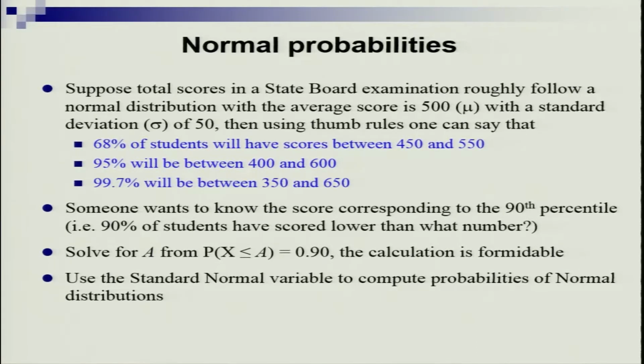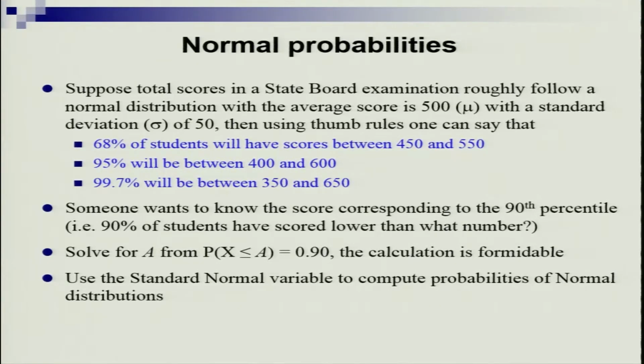If we apply the mu plus minus sigma rule, then we can say that 68% of students will have scores between 450 and 550. Note that 450 is derived by deducting sigma from the mu value, so 500 minus 50 is 450.